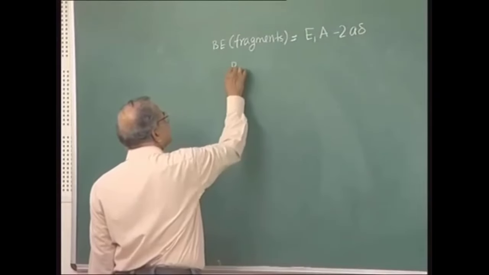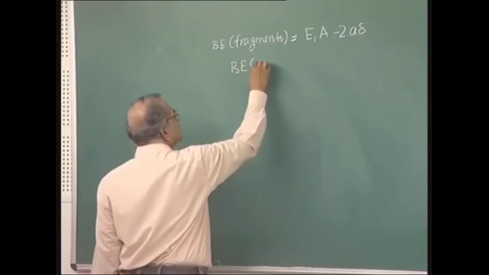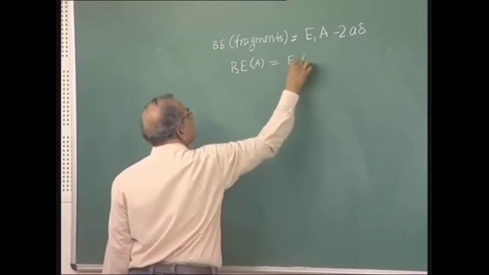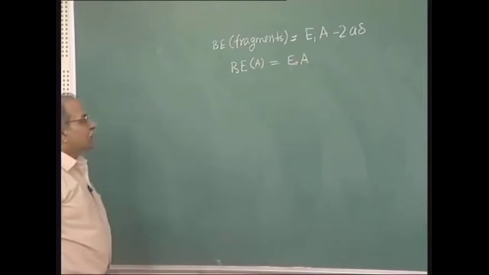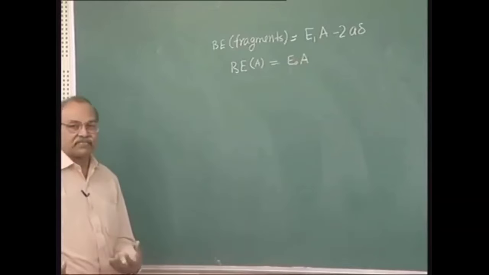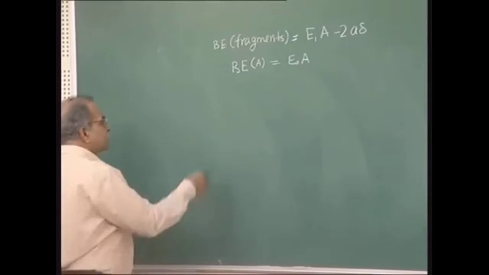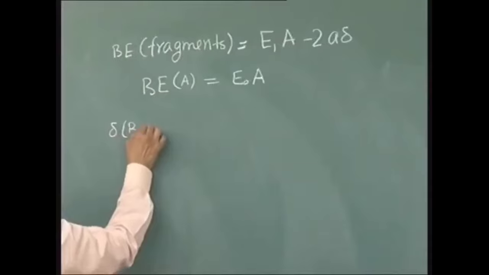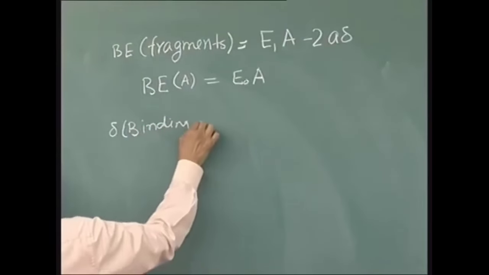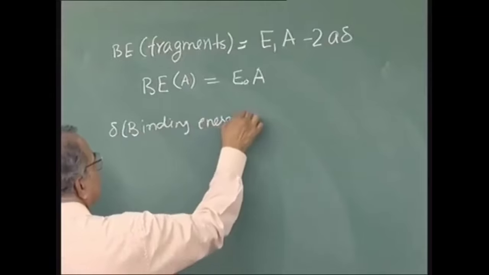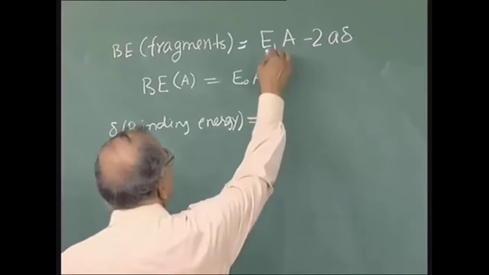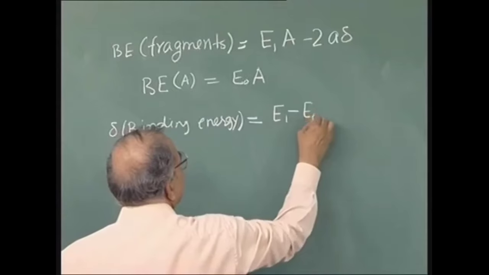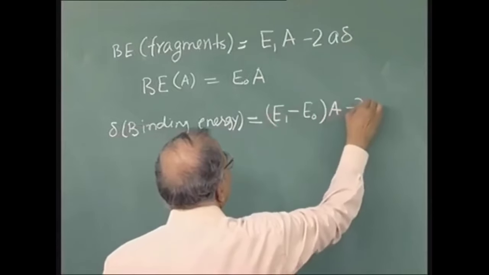The initial binding energy of the original nucleus A is E naught times A, right. So how much is the difference? That is the energy released. That difference in binding energy will be E1 minus E naught times A, minus 2 times a delta.